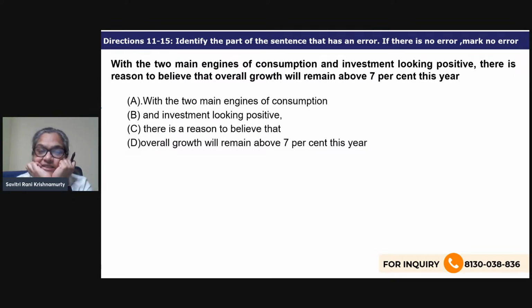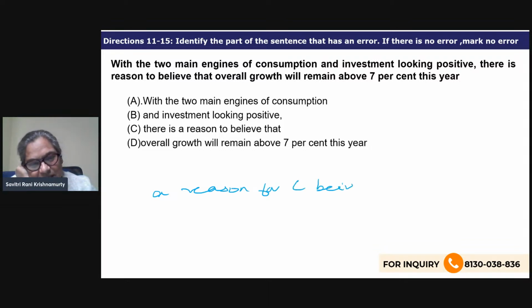What is the correct answer? And why is that part incorrect? Give me a reason for C being incorrect.